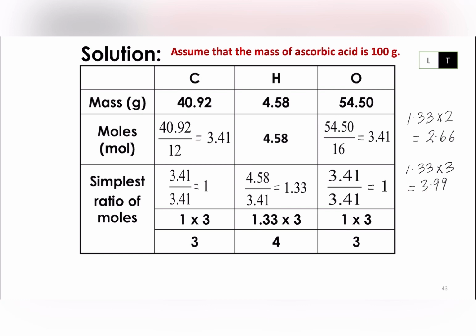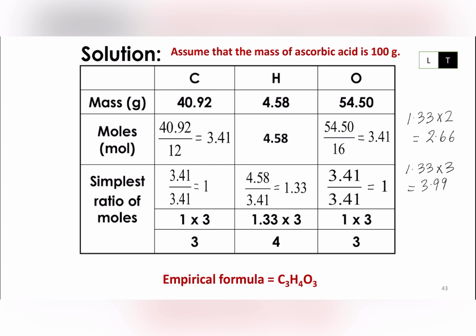I'm going to explain a bit more about this later on. So now we have the whole number for each element. You can write down your empirical formula, which will be the lower subscript of each element. This is going to be C3H4O3. And now you're done for the empirical formula.